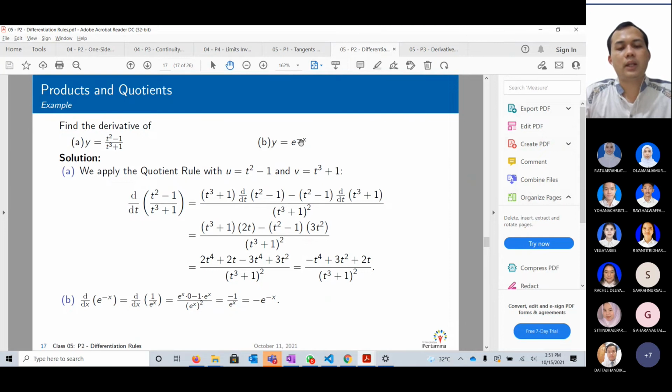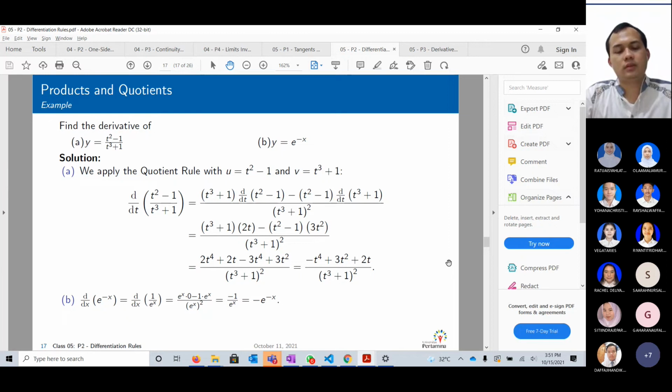Also for e power minus x, we can use the quotient rule to find that the derivative is minus e power minus x. For this example, any question? Any question? No?